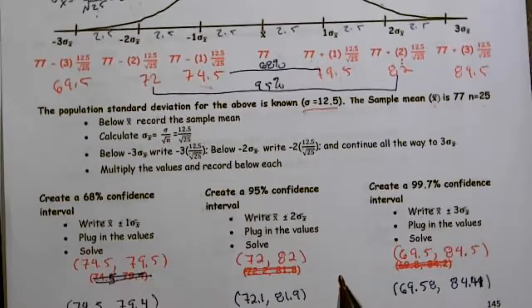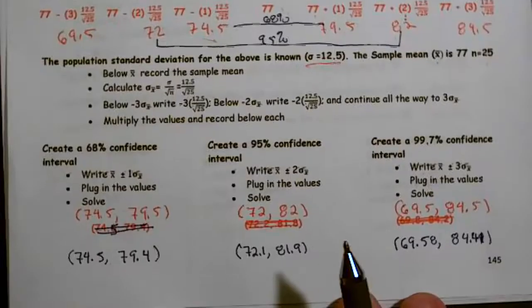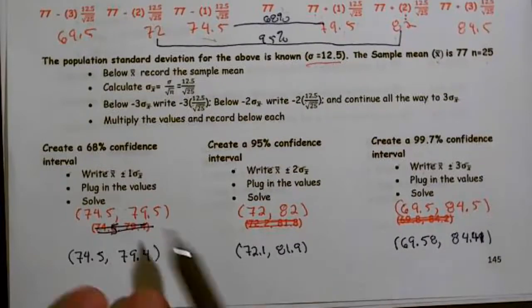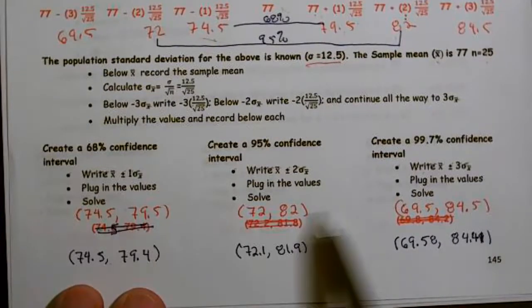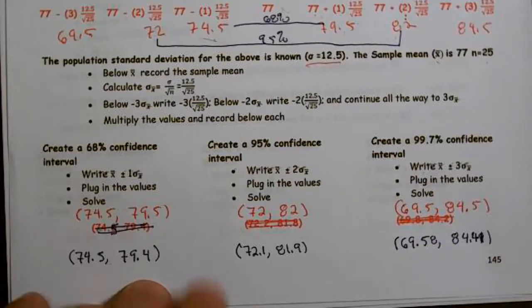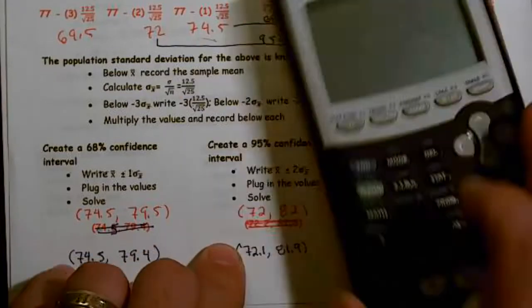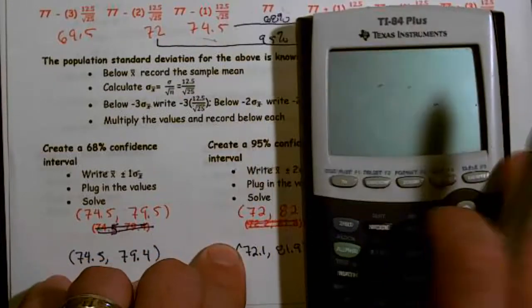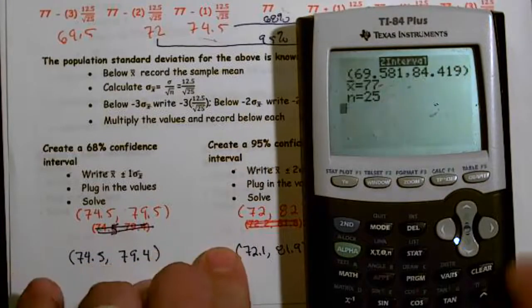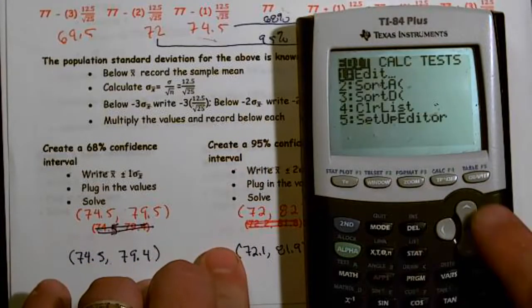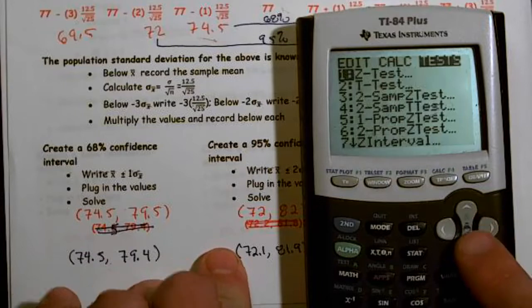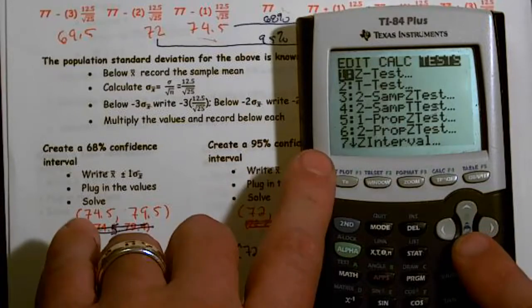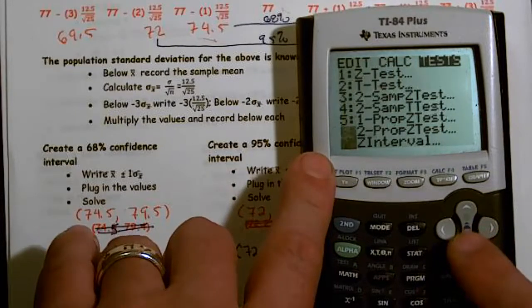Now, there's another way to go about this, and this is on the calculator. On the calculator, we're going to get slightly different answers, because above we used the empirical rule. On the calculator, it's going to be a little more precise, and here's how you do it. We go STAT, TESTS, and drop all the way down to number 7, which is ZInterval.